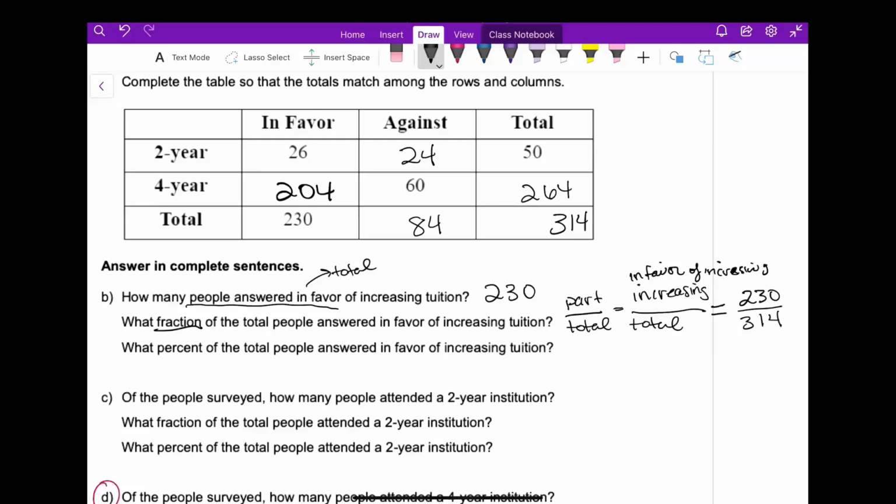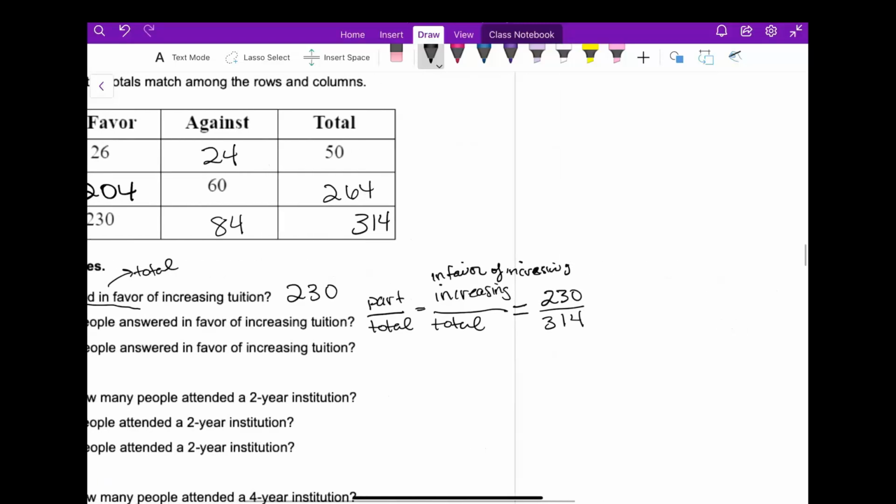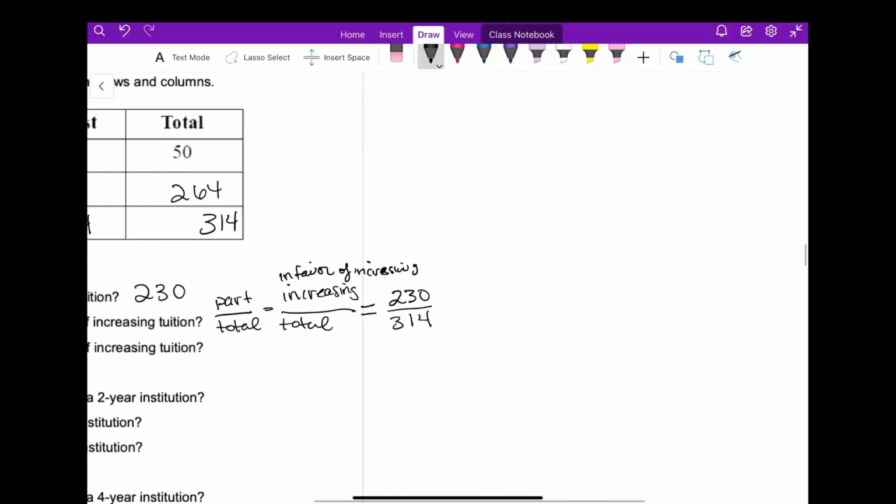What percent of the total people answered in favor of increasing tuition? This is actually the same question. Now we're just asking you to go to a percent. So we have 230. So how are we going to go to percent? We're going to have a fraction. We're going to divide to get a decimal. We just did this in the part above, right?